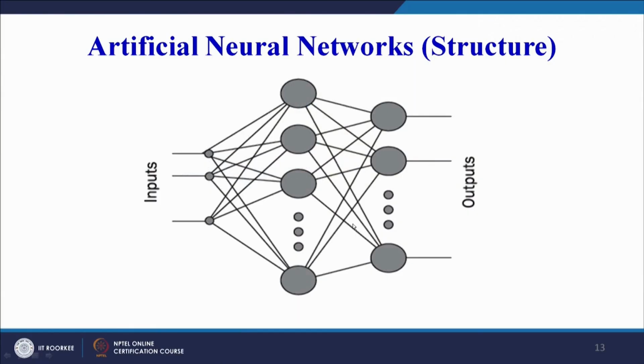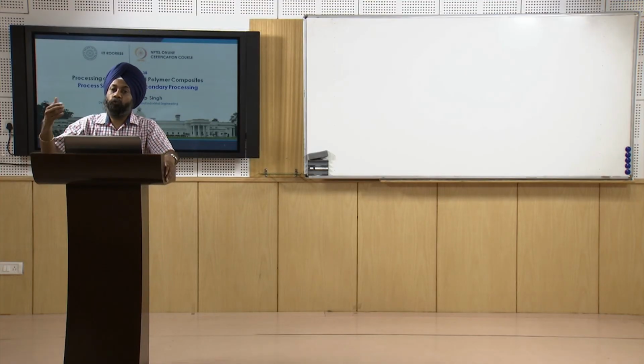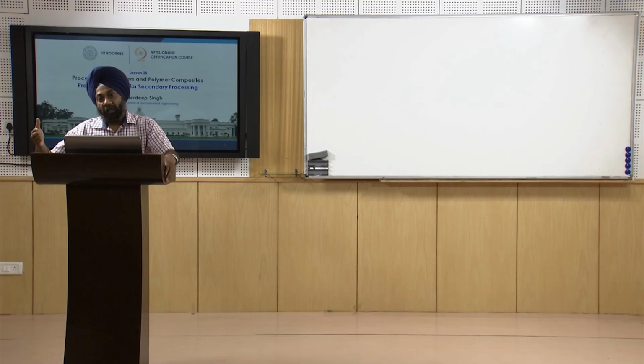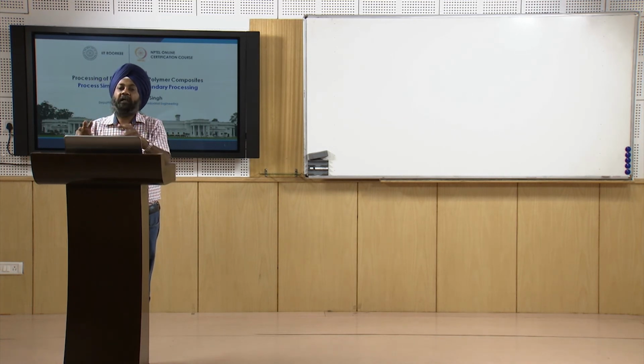Using the artificial neural network we get the outputs, or we can predict the outputs. The output can be the thrust force, the torque, as well as the drilling induced damage. So we train this network in such a way that based on any arbitrary input we can get a desirable output, and we will try to understand a case study based on these soft computing tools also, maybe in our next session.